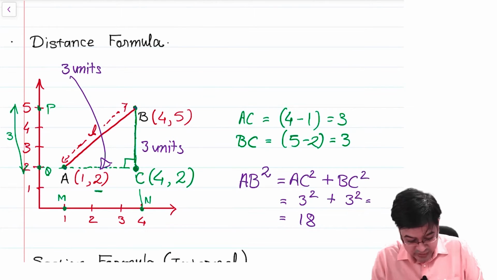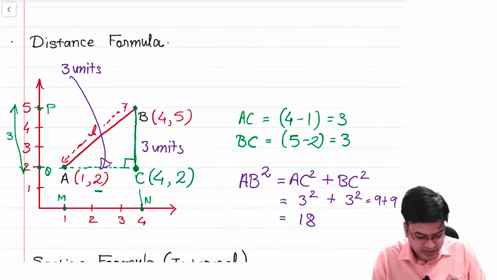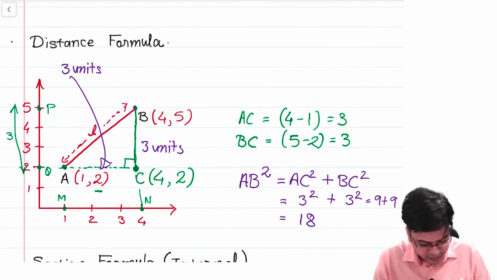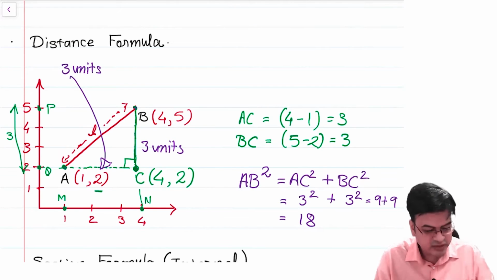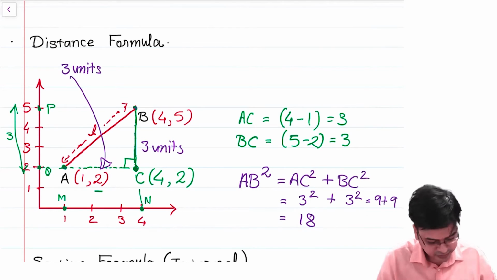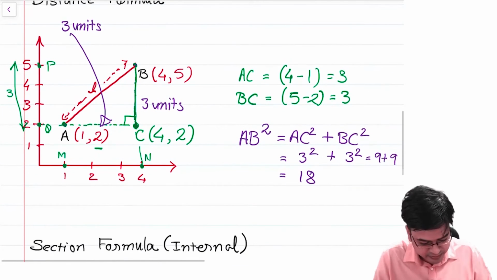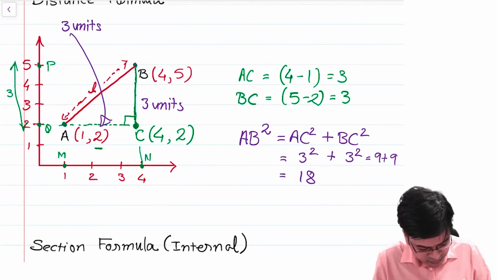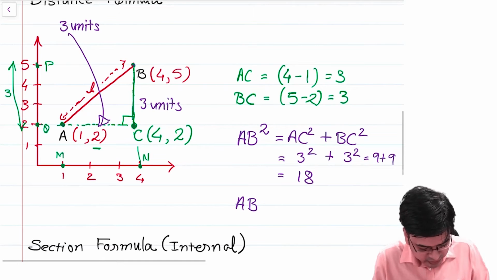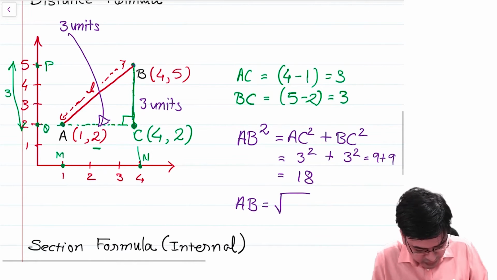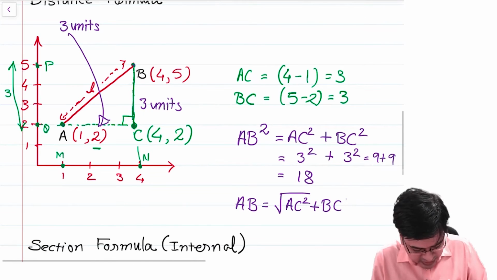Let me write it precisely: 9 plus 9, which is 18, and therefore the length of AB will be, very simply put, the square root of AC square plus BC square.